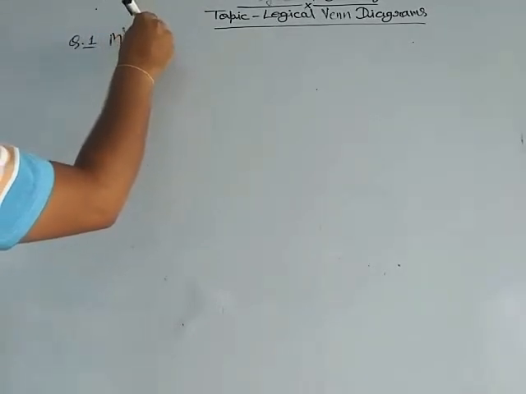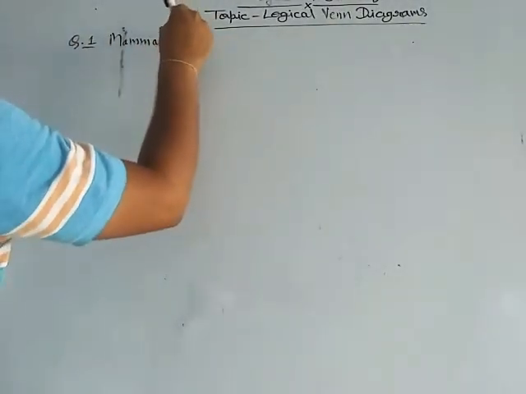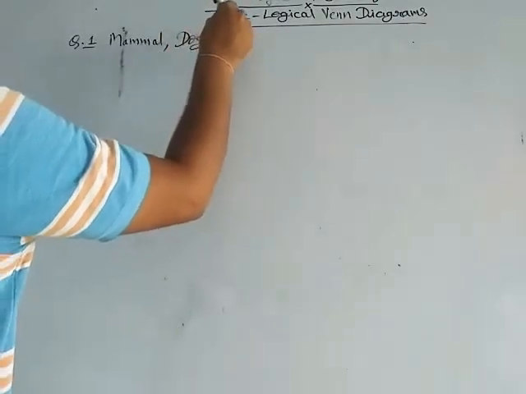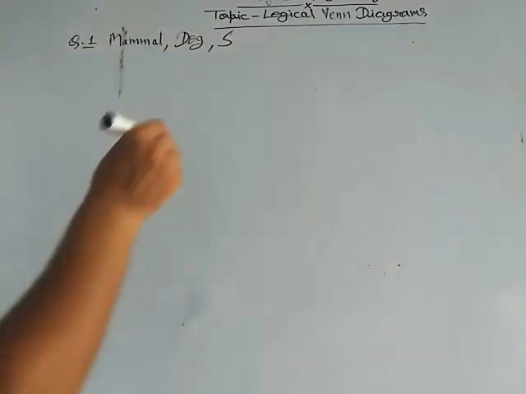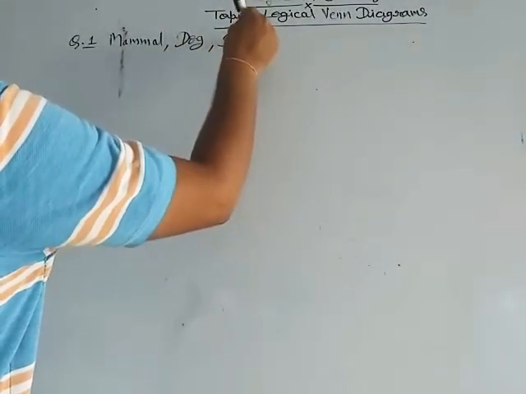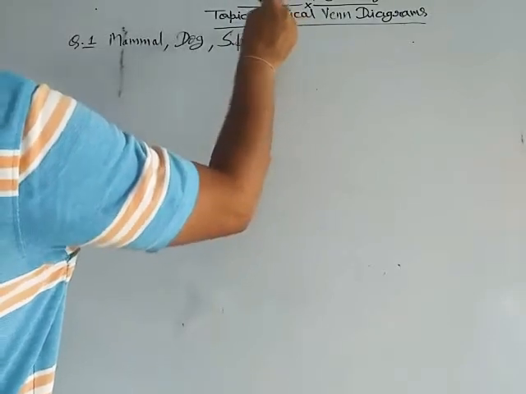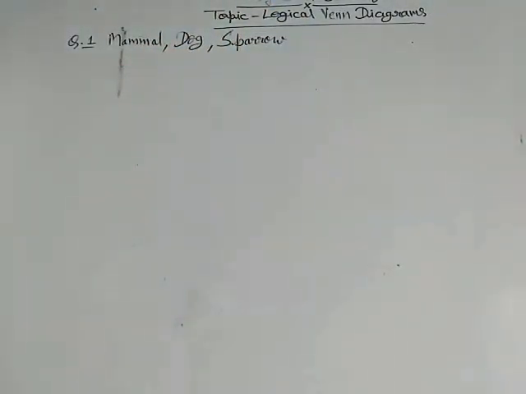The elements given are mammal, dog and sparrow. We have to draw the Venn diagram for the given mammal, dog and sparrow. First of all, all elements or things are drawn in a circle.